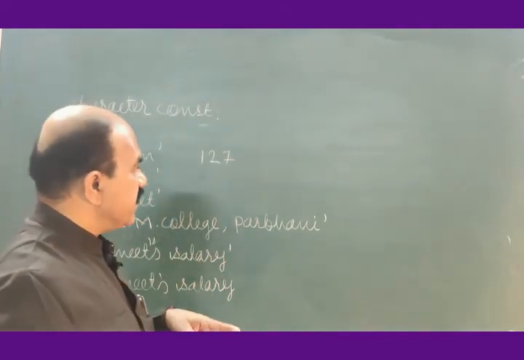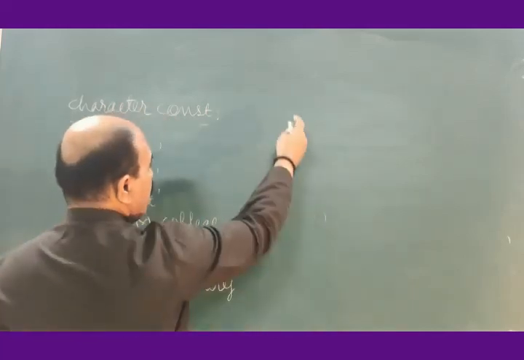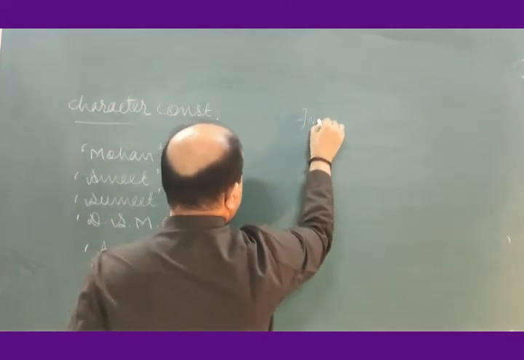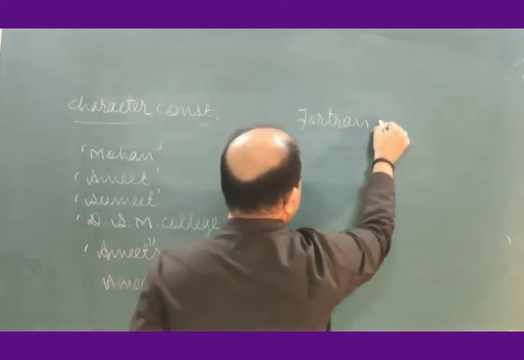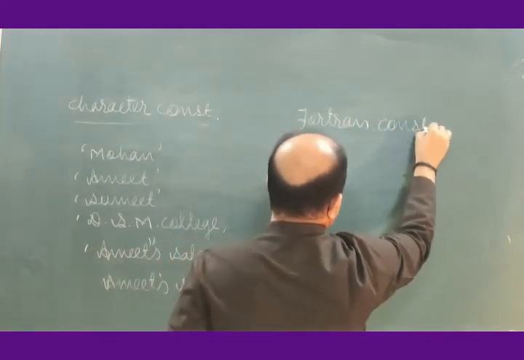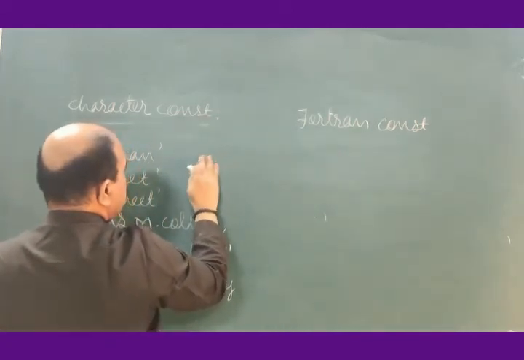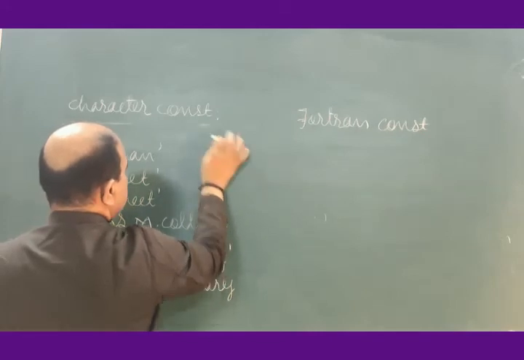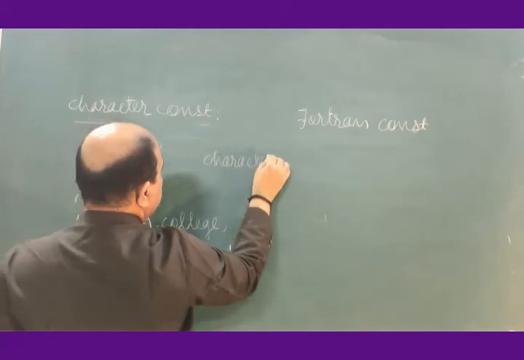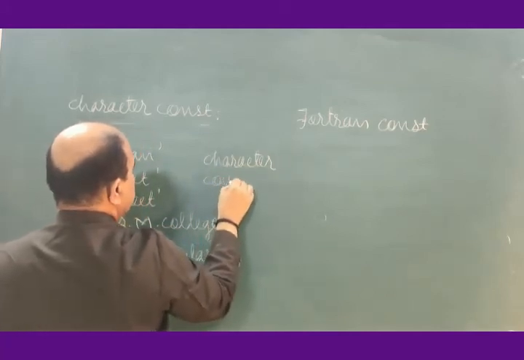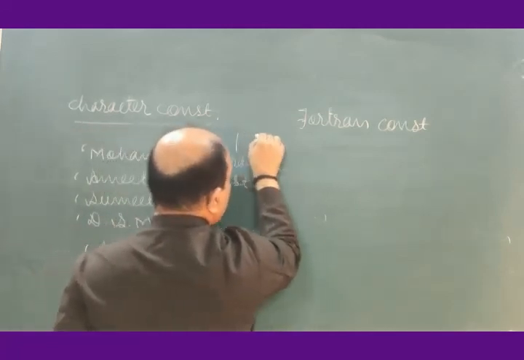Let me write its classification here so that you can remember this well. Fortran constant, further divided as: there are two categories.